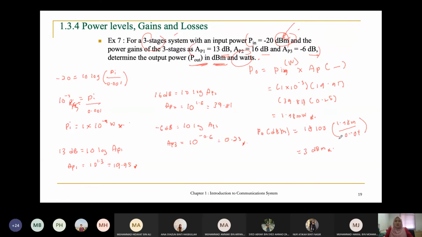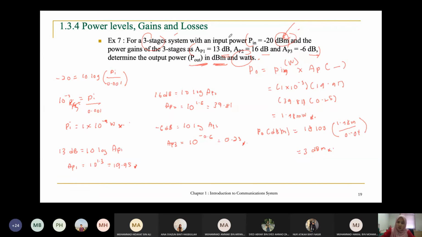Okay, so the question here is quite simple. We just convert from absolute values to dB or dBm, then convert to watts and so on. But sometimes we change the question so that you get a little bit confused.